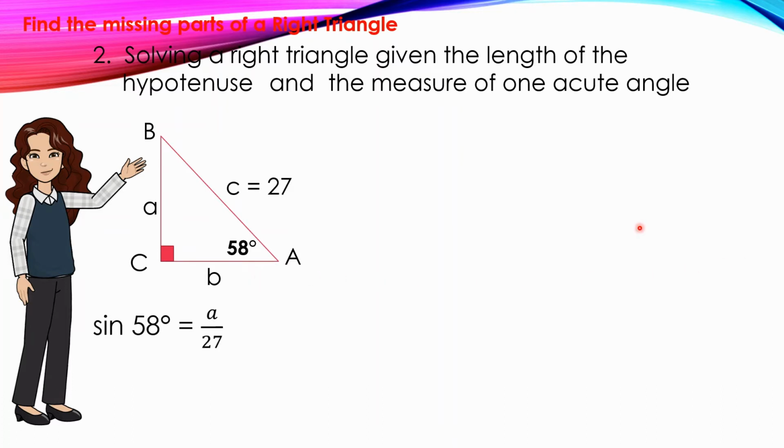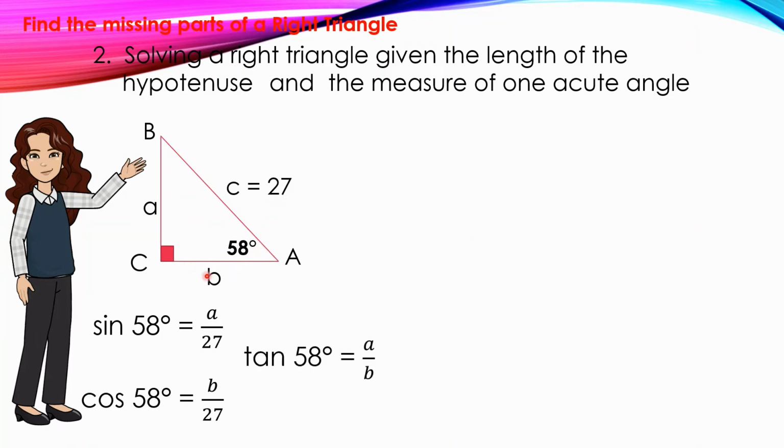So first, we need to find the three trigonometric ratios. So we have sine 58, the opposite A over the hypotenuse, so A over 27. Also, cosine 58 is equal to B over 27.